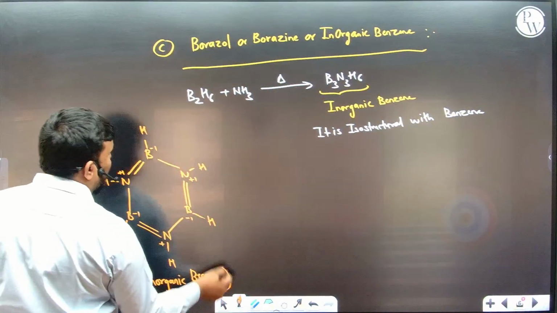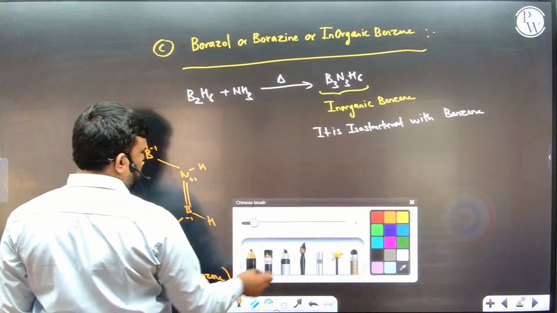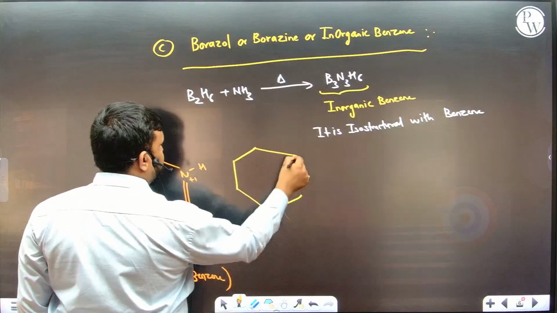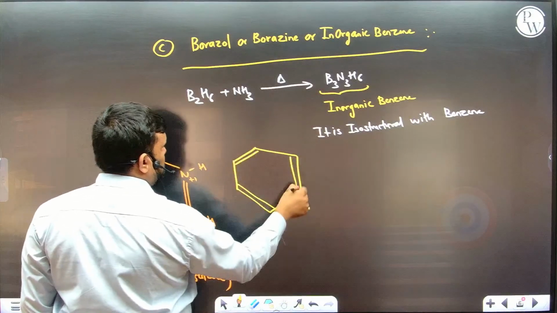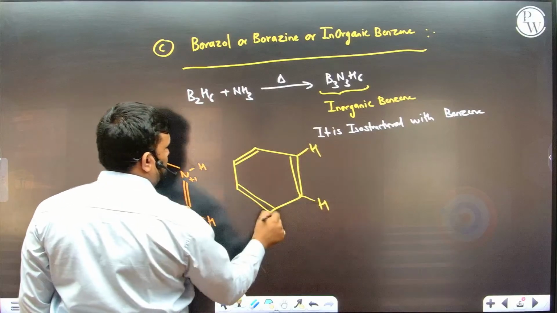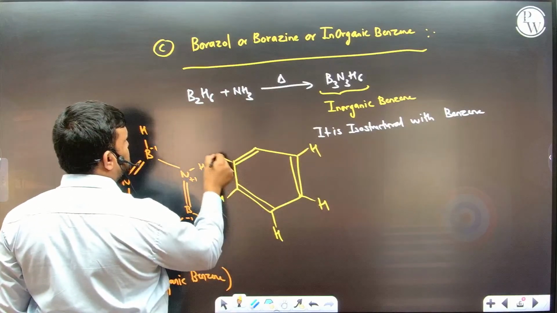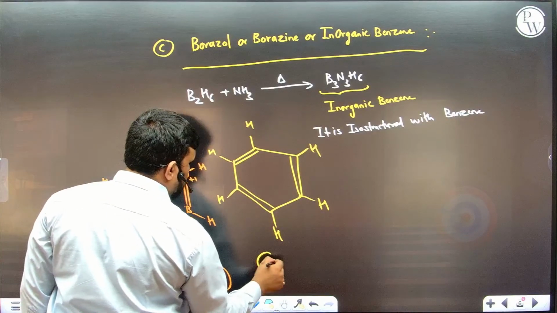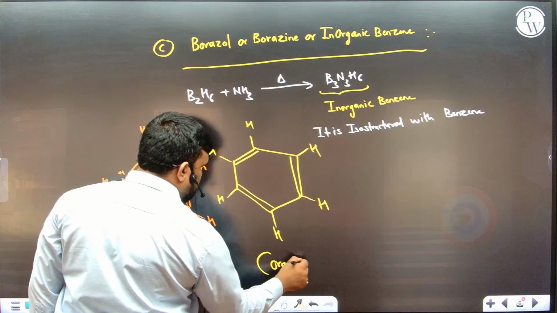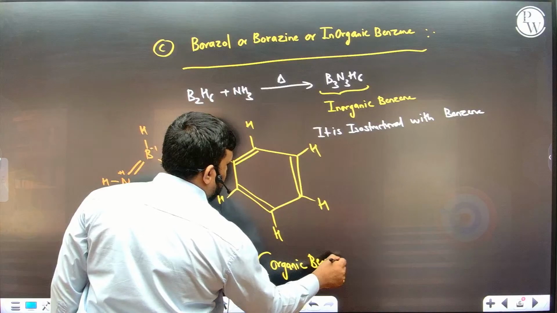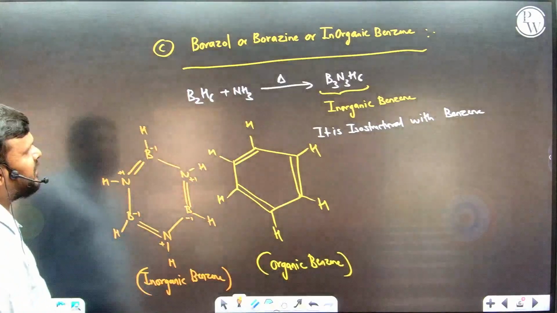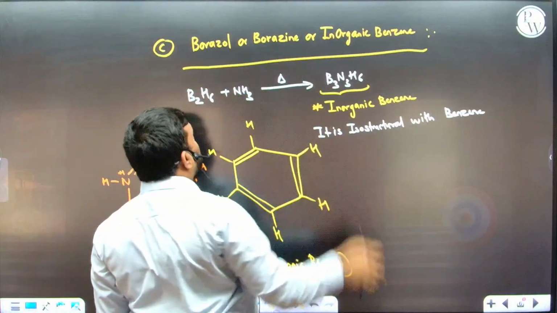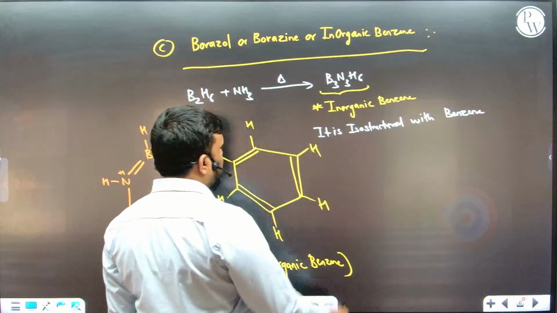You can see it is looking familiar to benzene, but benzene is an organic compound. You can see this is nothing but C6H6. This is organic benzene. So you can see they are isostructural with each other. That's why we call this inorganic benzene. There are three names: borazole, borazine, or inorganic benzene.